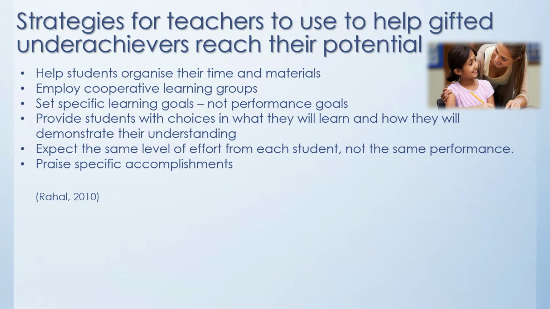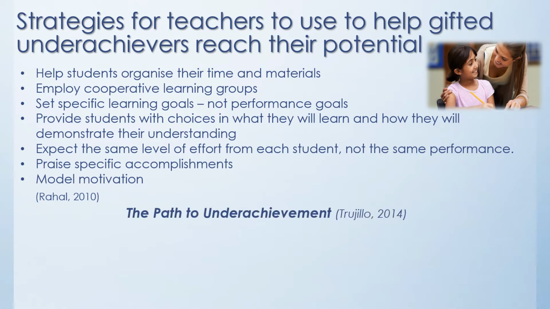This is simple but very important for all students, not just gifted underachievers. And finally, model motivation. These examples are just a handful of ways a teacher can help set an underachiever on a path to achievement instead of continuing down their current path of underachievement. This path to underachievement is all too easy to take and therefore taken all too often.